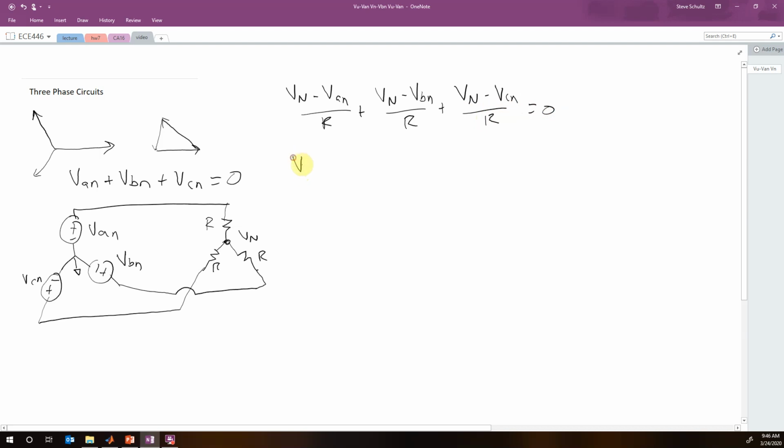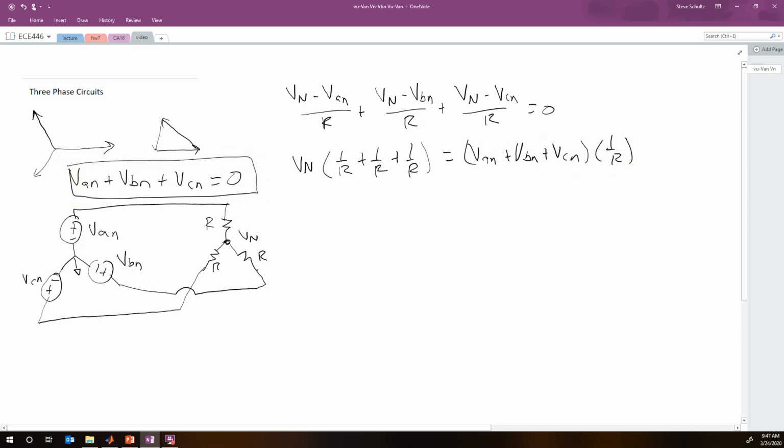Plugging these together, I get Vn times (1 over R plus 1 over R plus 1 over R) equals (VAN plus VBN plus VCN) times 1 over R. But this part right here is equal to 0. So Vn times 3 over R is equal to 0, or Vn is equal to 0.